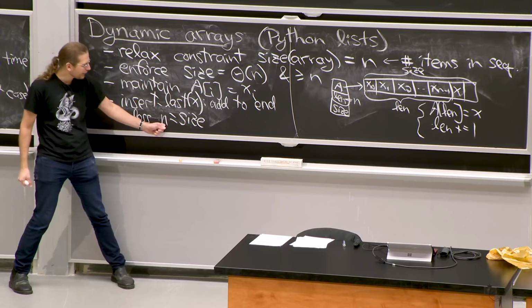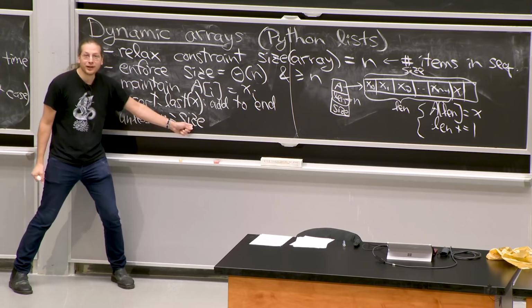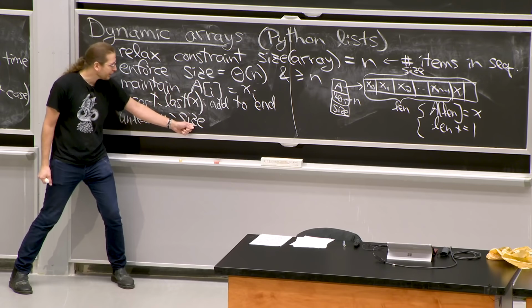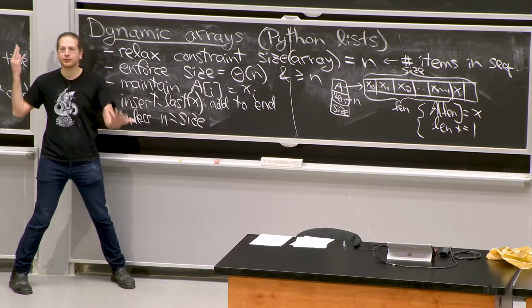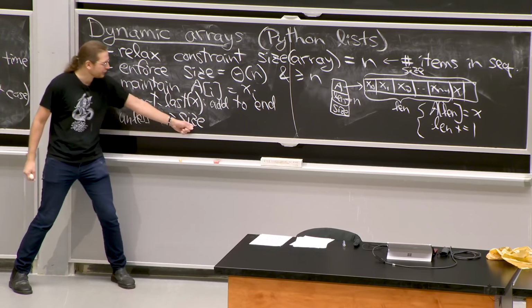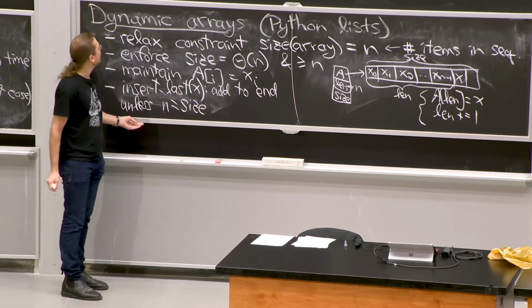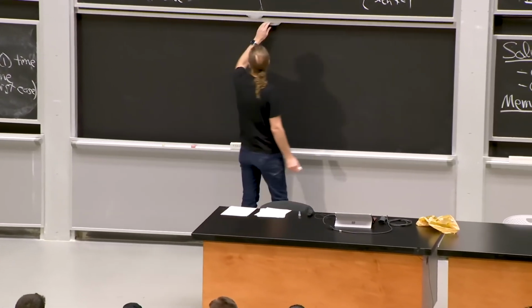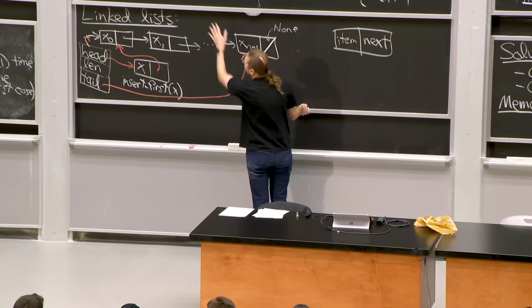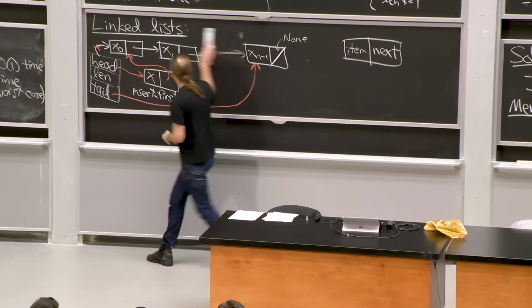This is what we're trying to represent. And this is the representation size. This is the size of my array. These are the number of items I'm trying to store in that array. Okay, this is the interface versus data structure. Here's the interface. Here's the data structure. OK, cool. What do I do in the case when n equals size?